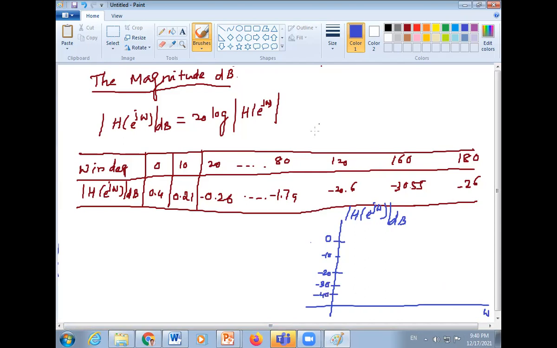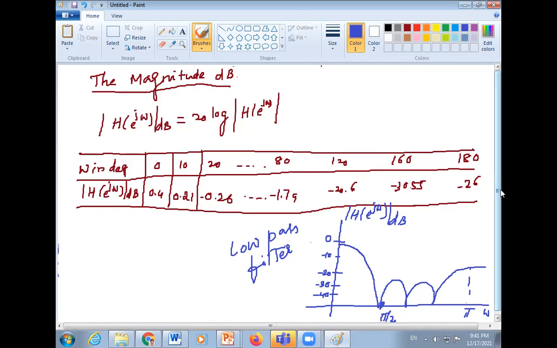Likewise, we'll get the plot. This is at pi by 2. As it is a low pass filter, it is going to come this way, up to this point, and then these kinds of ripples are going to be present over there. This is up to pi. This is the nature of the graph for the low pass filter. We call it the low pass filter response, or the frequency response plot of a low pass filter.